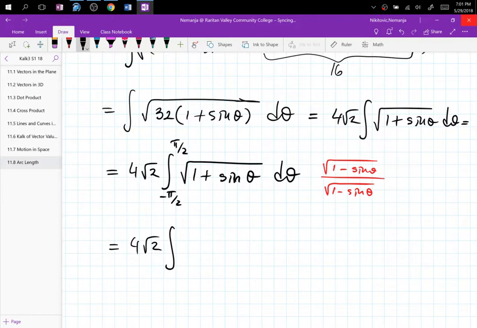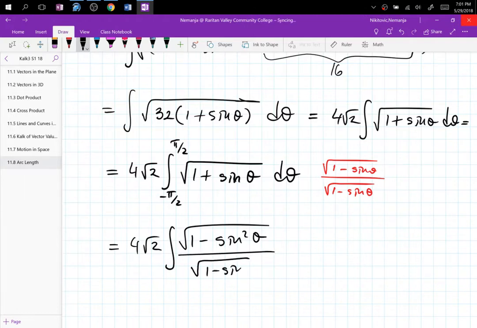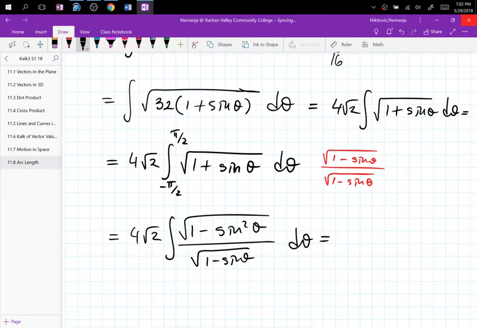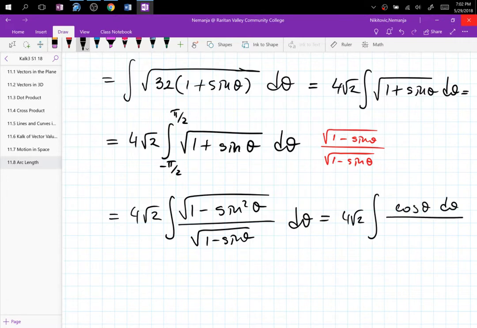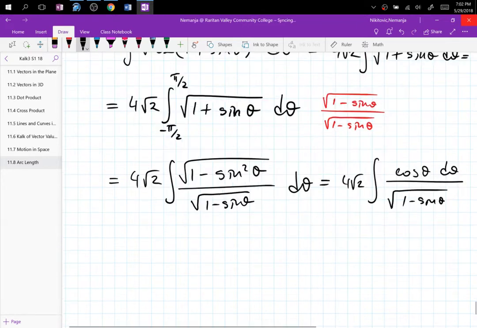I have on top the square root of 1 minus sine squared theta, divided by the square root of 1 minus sine theta, d theta. The top is cosine. We know that from the last calculation, right? 1 minus sine squared gives you cosine squared. Square root of cosine squared is just cosine. So cosine theta d theta divided by the square root of 1 minus sine theta.